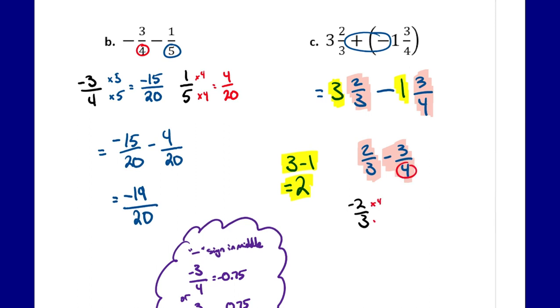So multiply by 4, multiply by 4. I get 8 over 12. And then my other one, so I have 3 over 4. I'm going to multiply everything by 3, or the denominator of the other fraction, for 9 over 12. Now I can rewrite them. 8 over 12 minus 9 over 12.